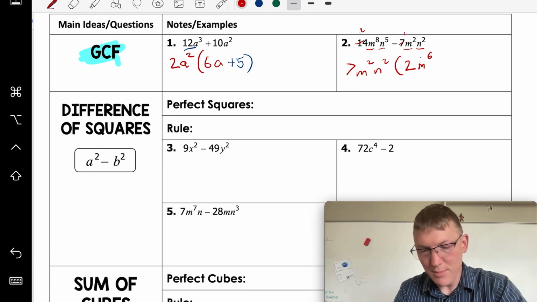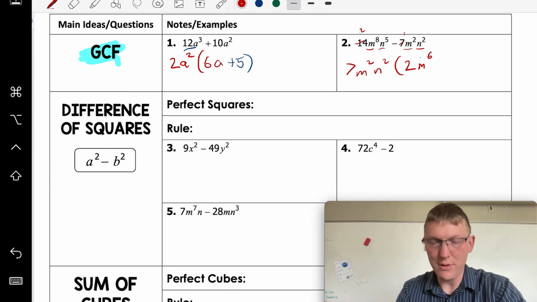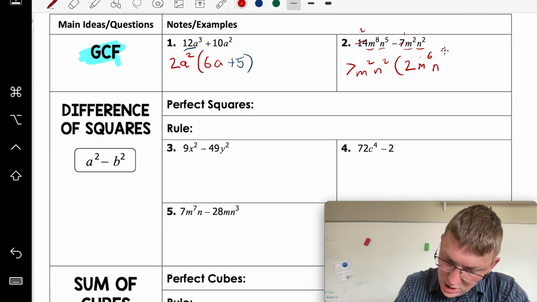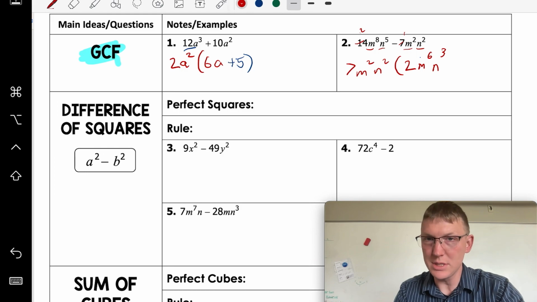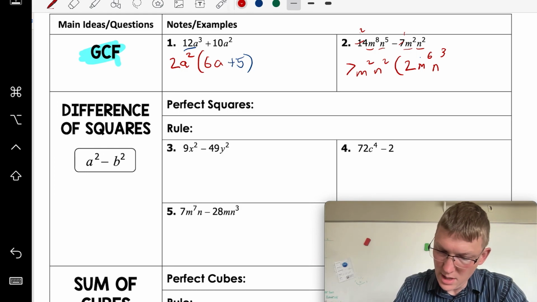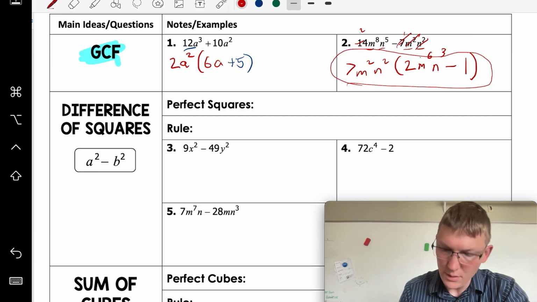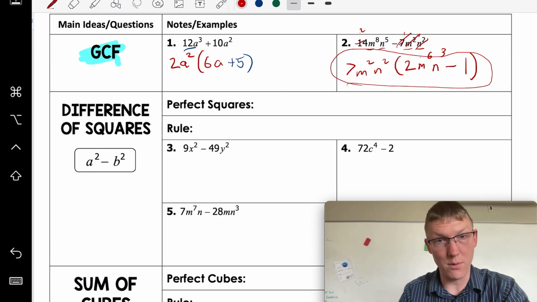Then same thing, n to the 5th divided by n squared is going to be n cubed, because 5 minus 2 is 3. And then this got factored out, this got factored out, that got factored out, so we're just going to have a 1 left over. So this is our factored form.